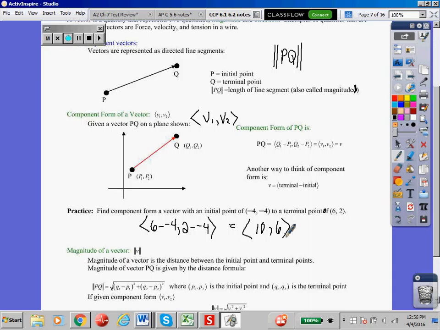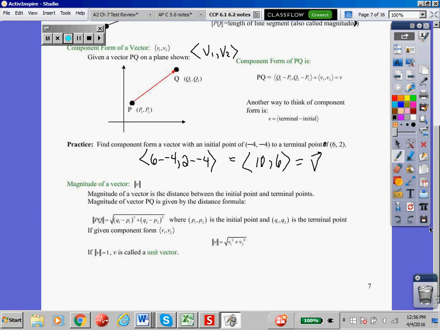So you're going to just have to get used to the notation. And oftentimes, because you're not going to be able to write a bold V, sometimes we put a little arrow above it to indicate that it is in fact a vector. All right, magnitude is just the distance. So let's go back up to this component form.